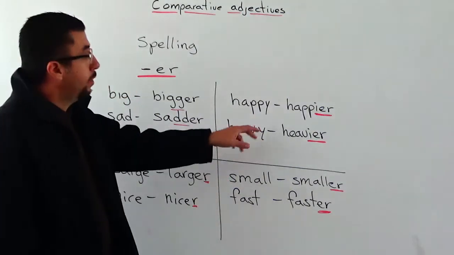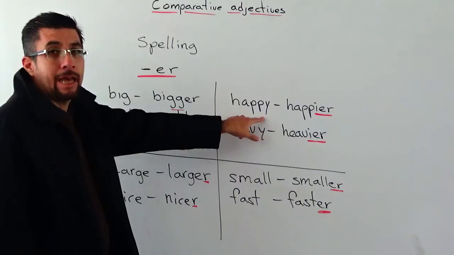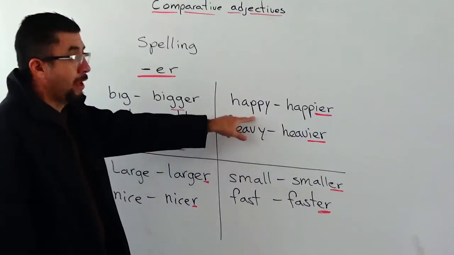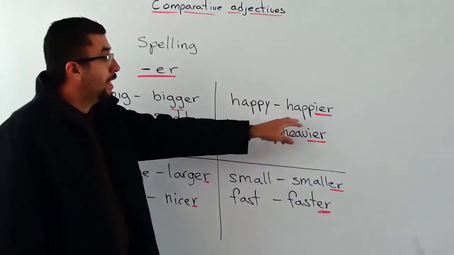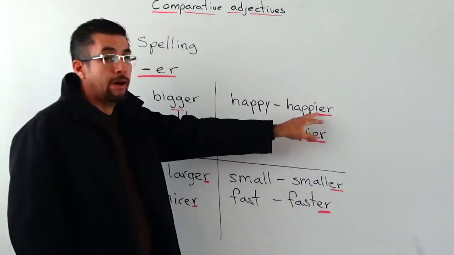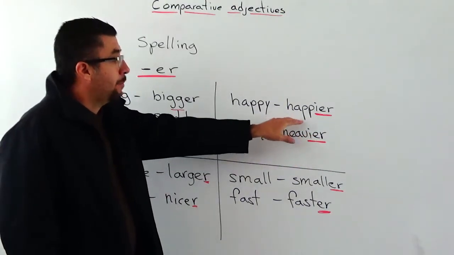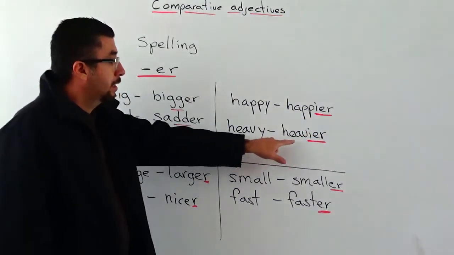But when we have an adjective that finishes with a y, for example, happy or heavy, we have to change the y for an i, and then we add er. Happier, like this. Heavier.